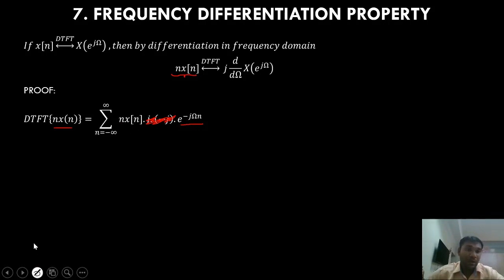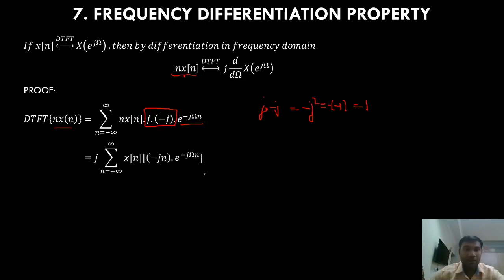Now I am making a small adjustment: multiplying by j into minus j. J into minus j gives minus j square, which is minus of minus 1, equal to 1. So multiplying with this does not change the equation.